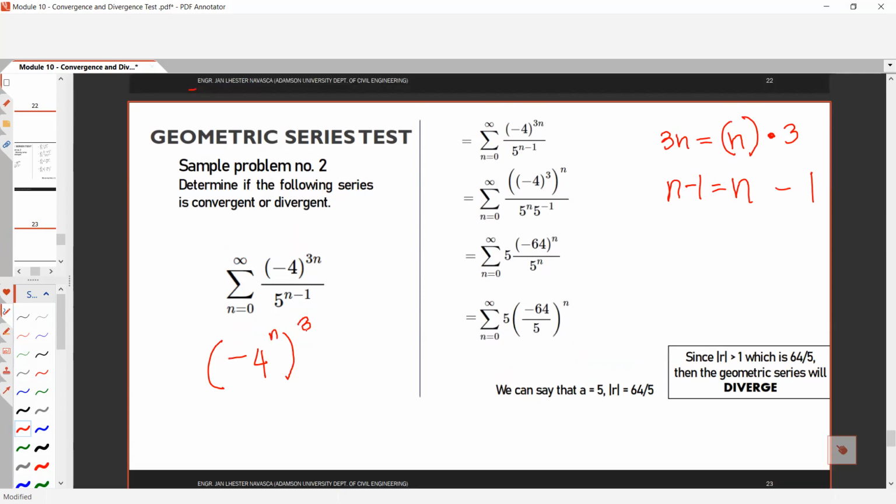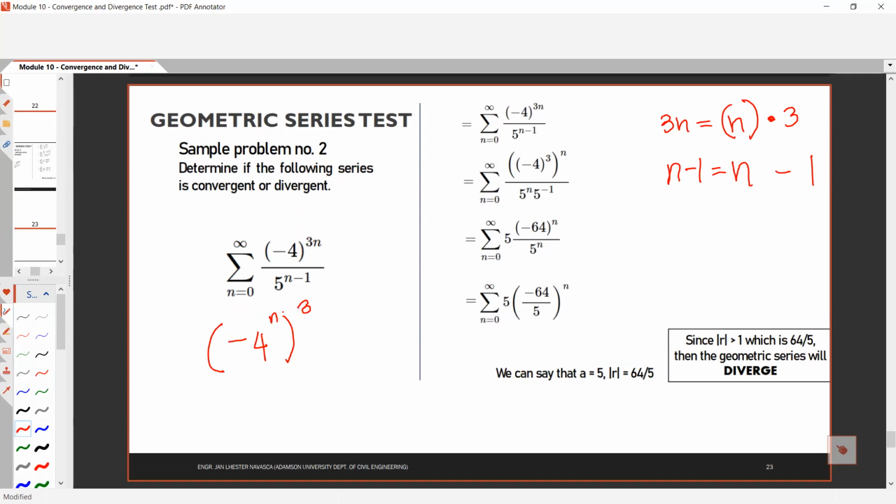An exponent raised to another exponent, they just multiply.